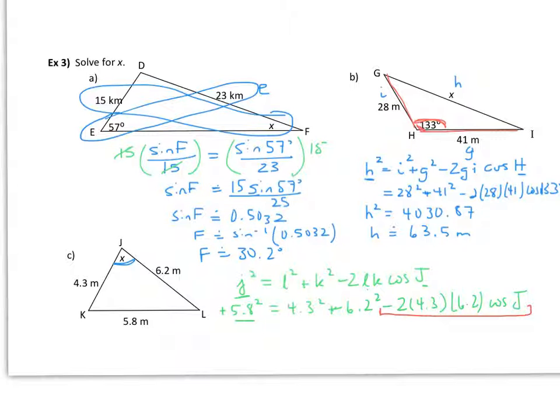So what I end up with is the stuff underlined in red comes to the other side, and we have 2 times 4.3 times 6.2, and I could have multiplied that all out, times the cosine of angle J is going to equal 4.3 squared plus 6.2 squared, and then that's going to be subtracted by 5.8 squared.